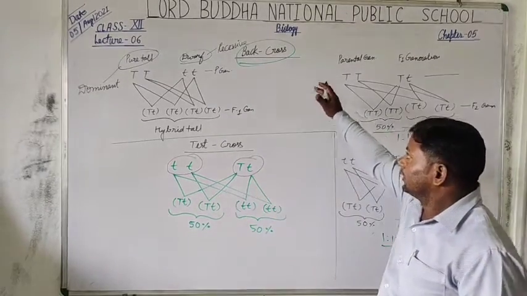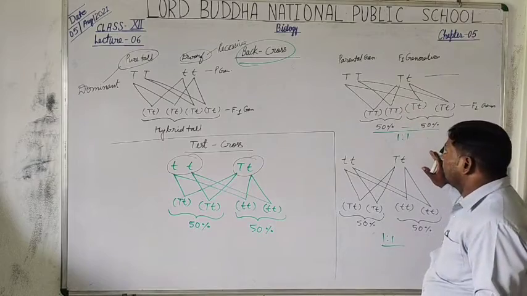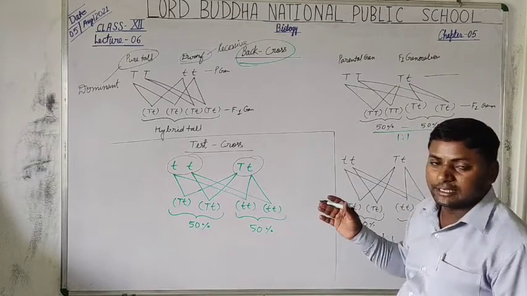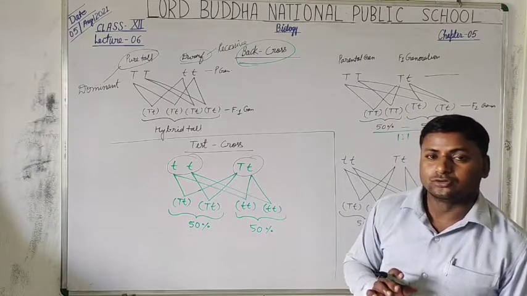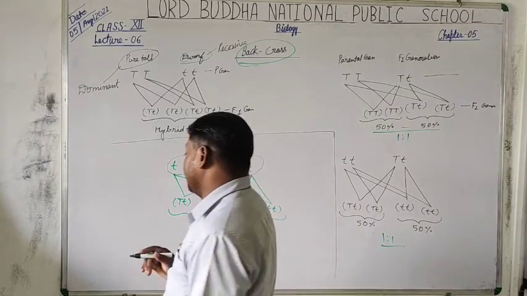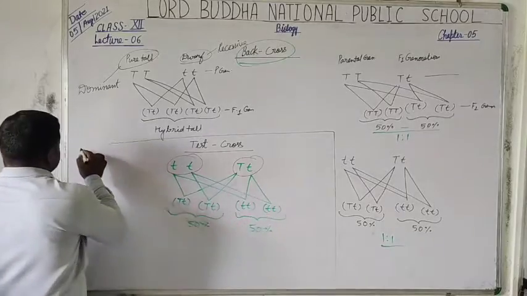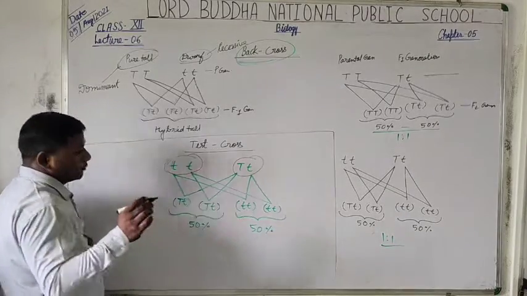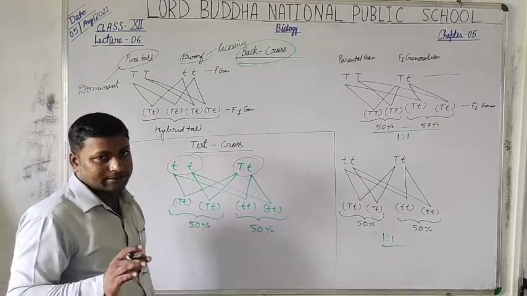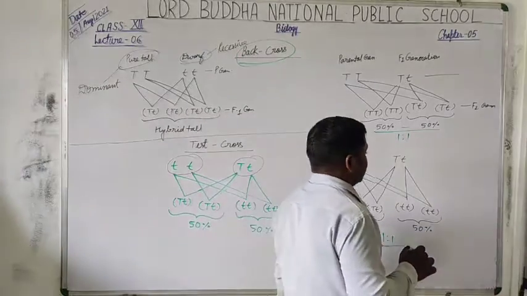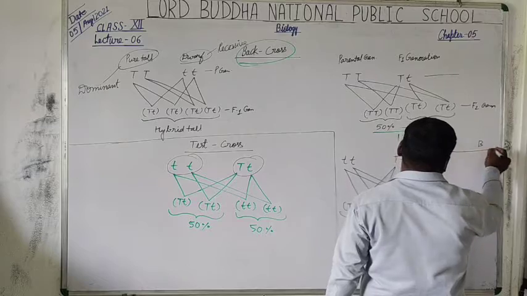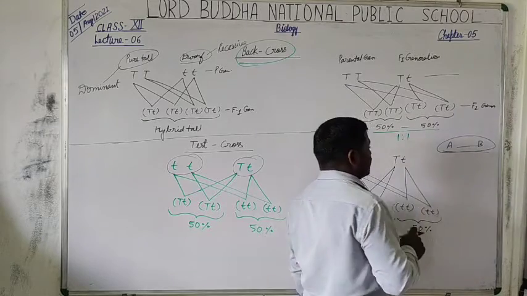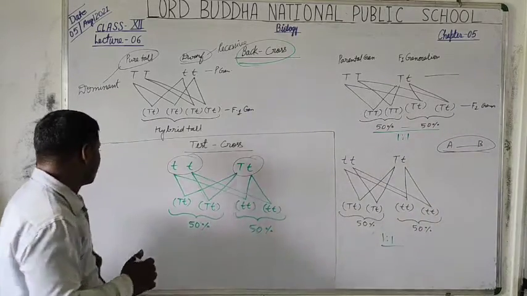Yes students, either back cross or test cross, these are just monohybrid crosses. One more cross is used in plants having both types of individuals, that is, male and female. Such a cross is known as reciprocal cross. What is reciprocal cross?